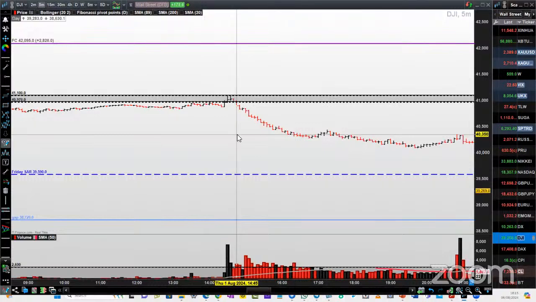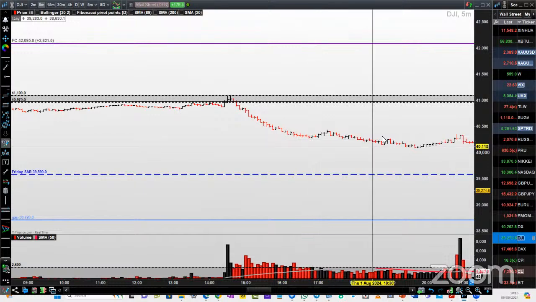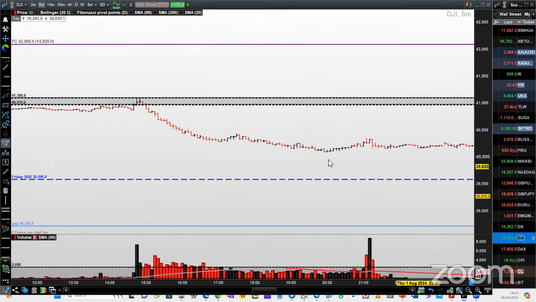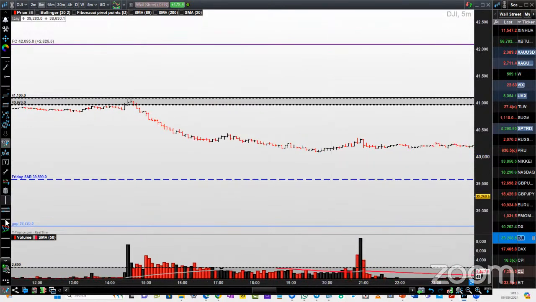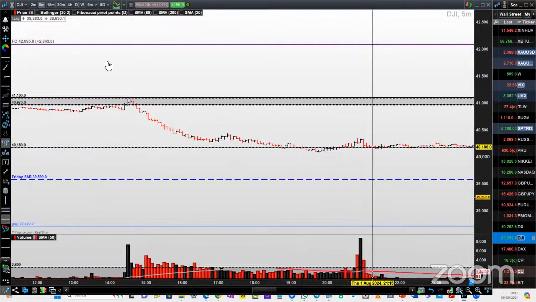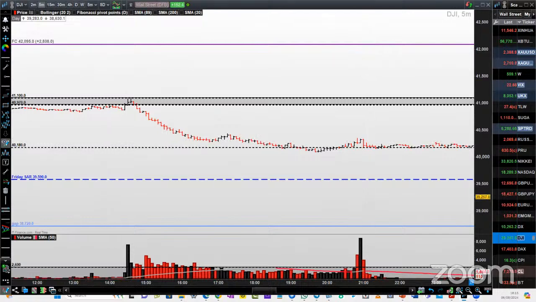It came back to test the low of the open range at 40,970, closed lower, and then continued to drop from 40,970. Where's the close? And the close was down here.